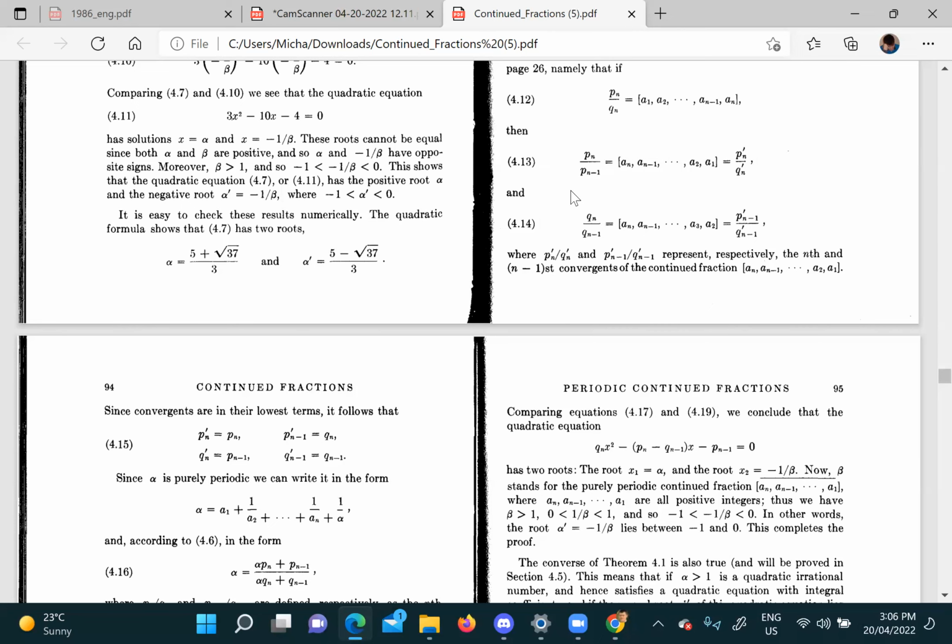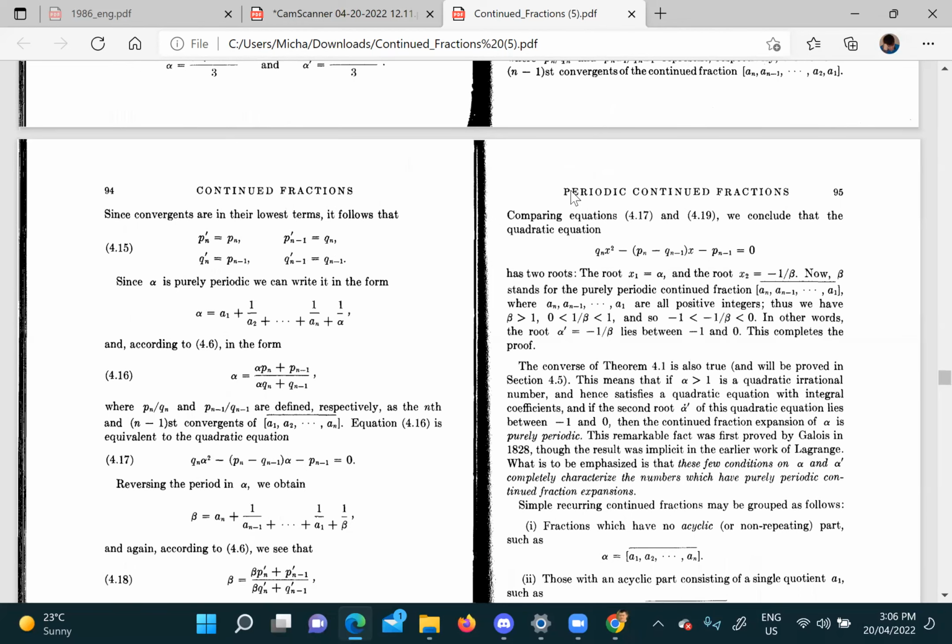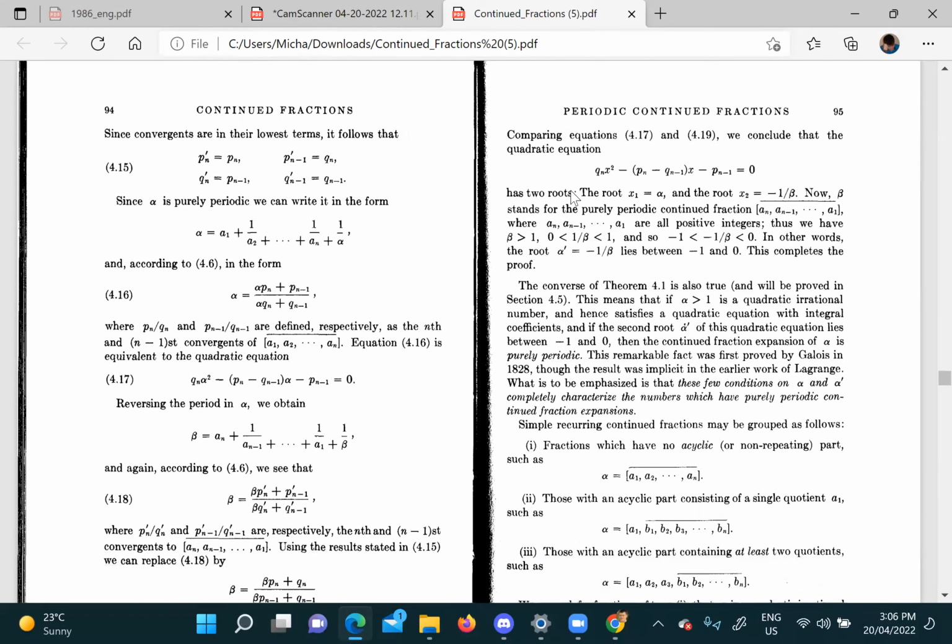Excellent. Okay, so then it is true. Basically, if you have two fractions equal to each other and both are reduced, we can equate the numerators and the denominators. So Pn prime is equal to Pn. It follows that Pn prime equals Pn minus 1 prime equals Qn.